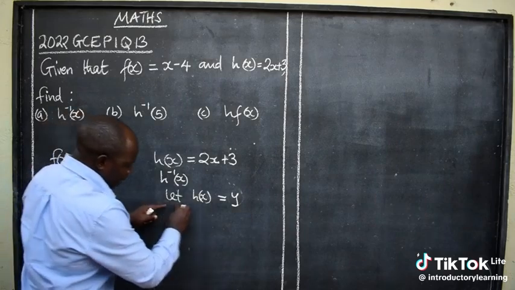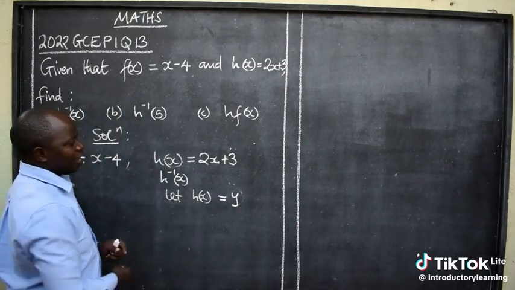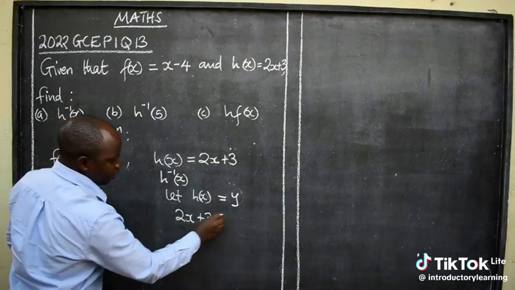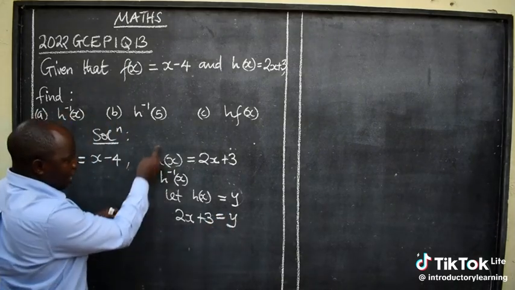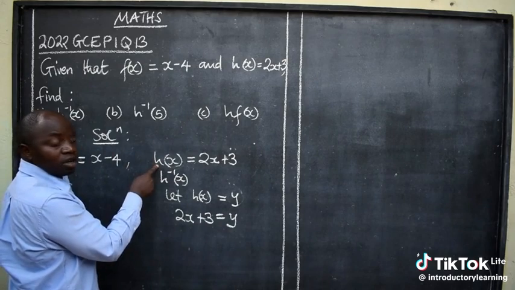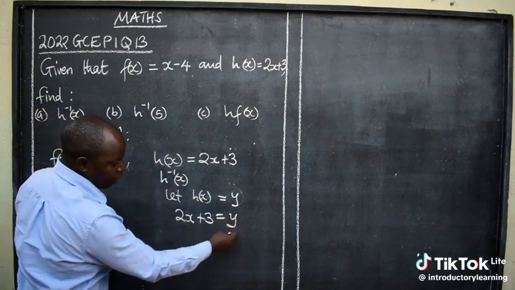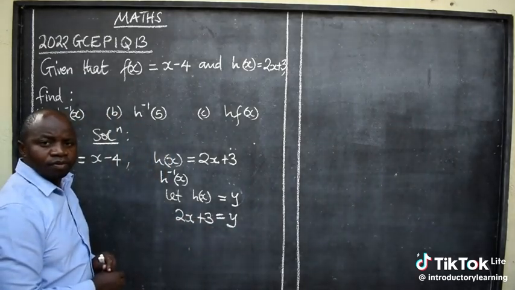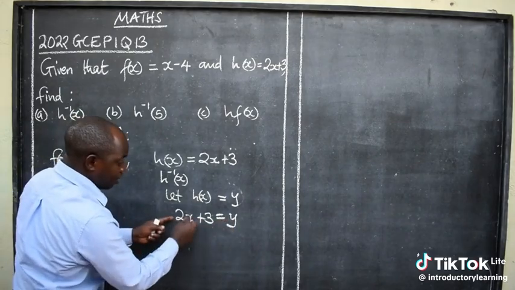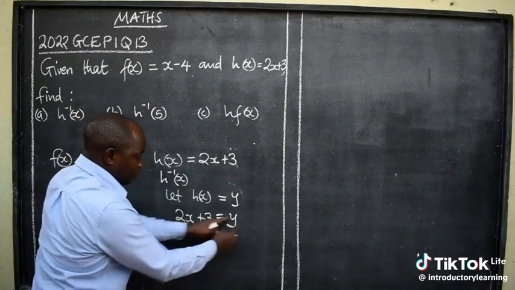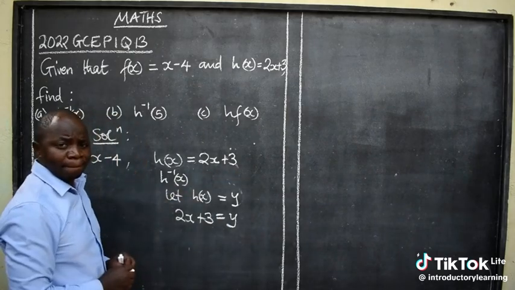So, having this in mind, I can now simply say 2x plus 3 is equal to y. I have removed the function h of x, I've substituted with y. So you can write it in this way. If you want to start with y is equal to this, or this function is equal to y, same thing.